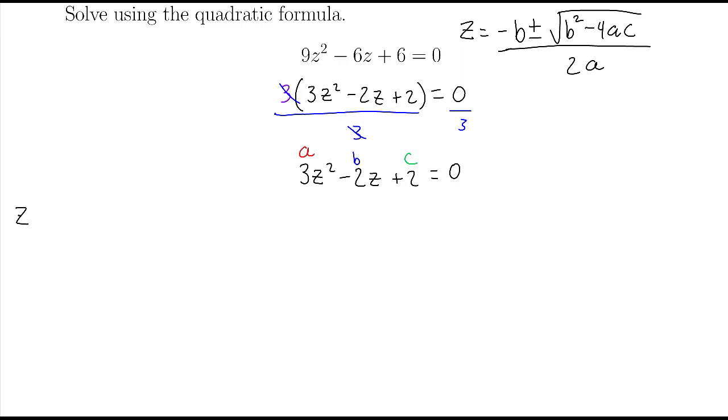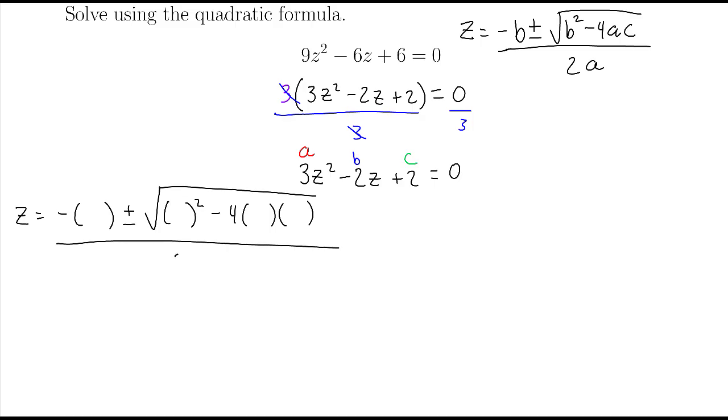z equals negative b plus or minus the square root of b squared minus 4ac, all over 2a. Okay, so b is negative 2, a is 3, c is 2, a is 3. Okay, so we'll go from there.